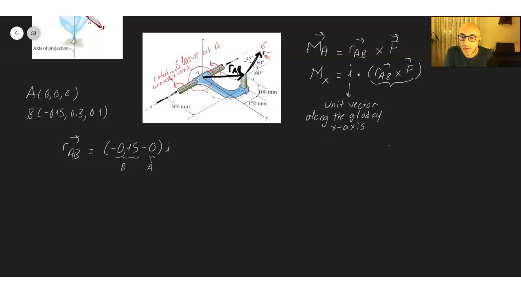So that's i, and plus 0.3 minus 0 j, and plus 0.1 minus 0 k. So the R_AB vector will be equal to minus 0.15 i plus 0.3 j plus 0.1 k.